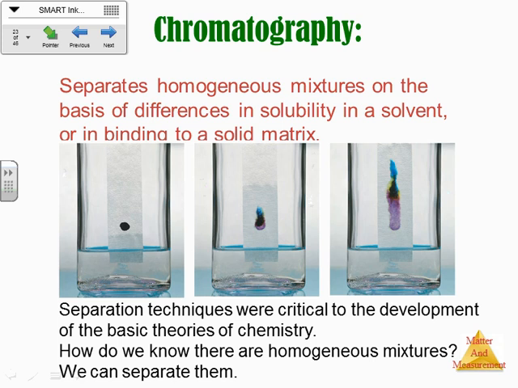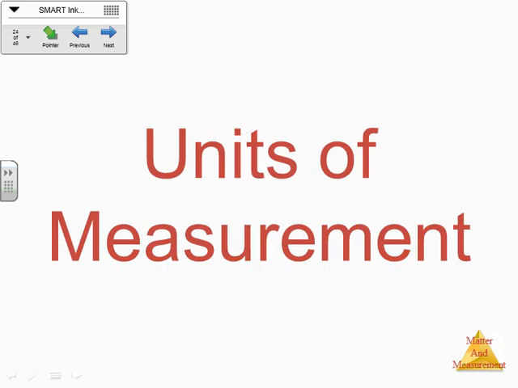I guess we did talk about polarity a little bit more. So how attracted it is to the water, how soluble it is, that sort of thing. And so that's another way to separate these colors from one another. A lot of times we'll use that when we're separating colors of inks or dyes, like in the Skittles, that sort of thing.